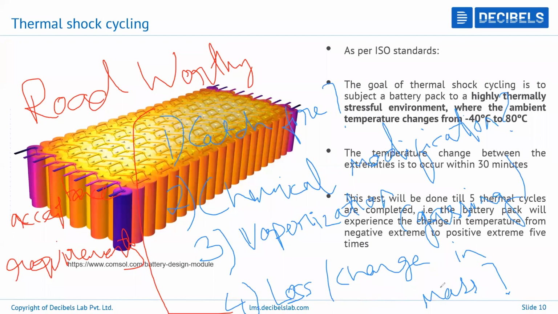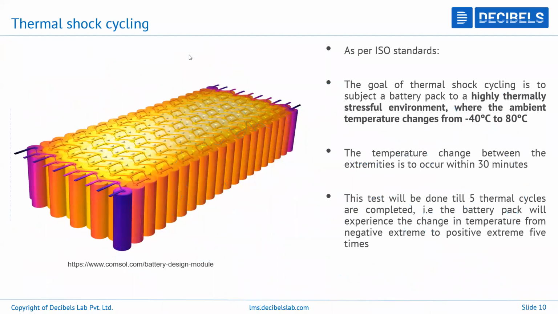Even if one of these events is occurring, it is immediately deemed unworthy and will be rejected. Otherwise it will be roadworthy, and it has therefore satisfied the acceptance requirements. So that is the complete set of requirements that one looks at while performing the thermal shock cycling test.